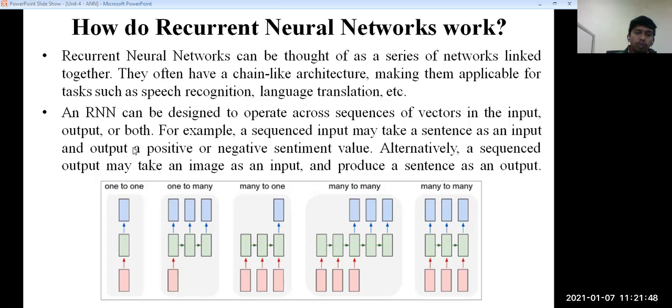Alternatively, a sequenced output may take an image as an input and produce a sentence as an output. So whenever you are going to train any neural network, you will be providing inputs as an image, and accordingly you may get some output which is linked to that image. That's how these neural networks work using different ways of modeling.